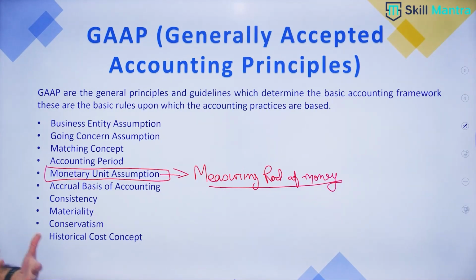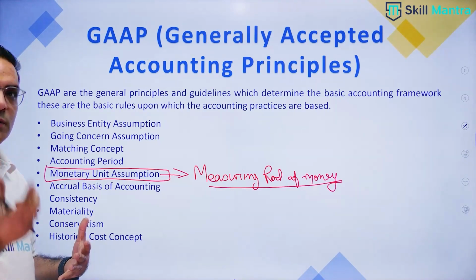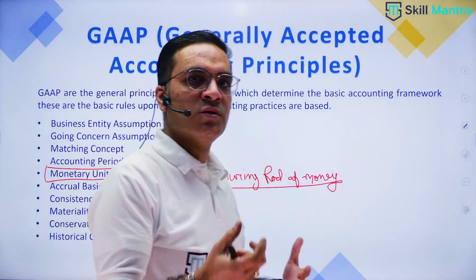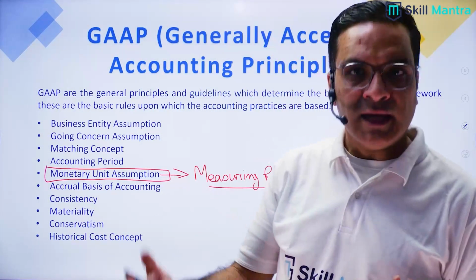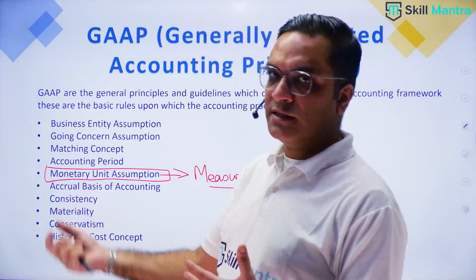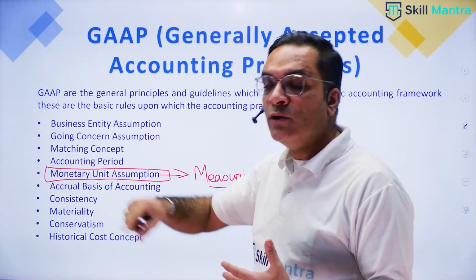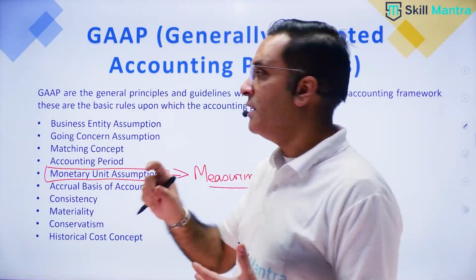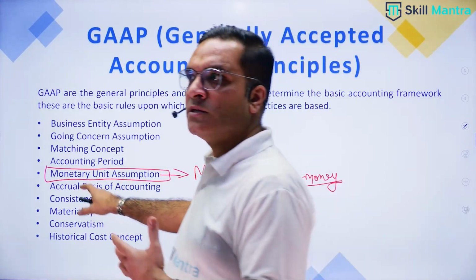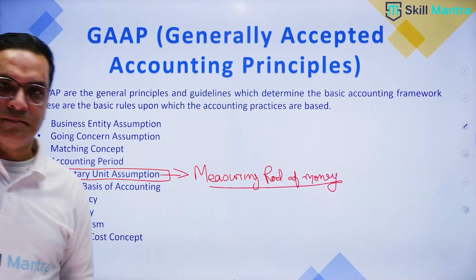To put it very simply, water or fluids are measured in liters or gallons, right? When you measure it, you measure in liters or gallons. Distance we measure in kilometers or miles. Similarly, the way we have to measure money or value is the measuring rod of money, which is rupees, dollars, pounds, whatever, right, in terms of money.